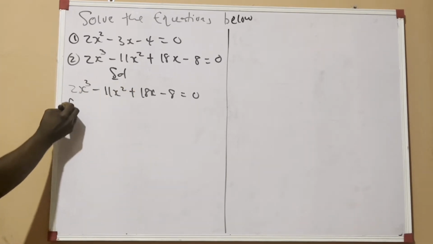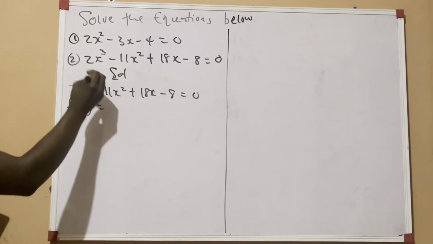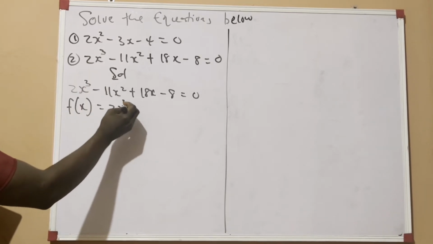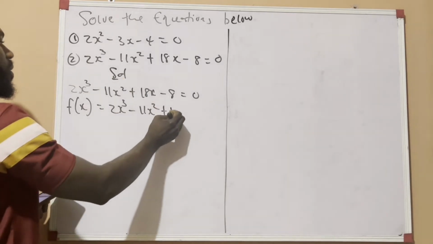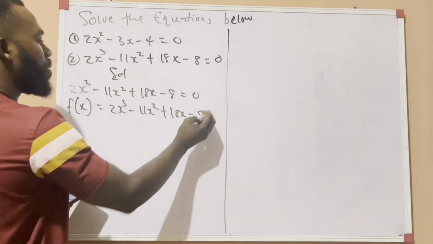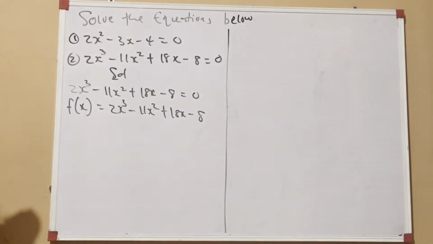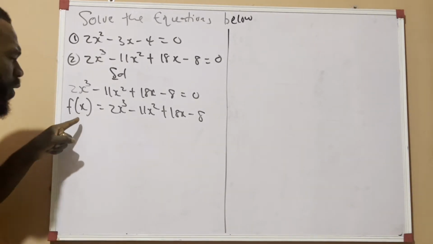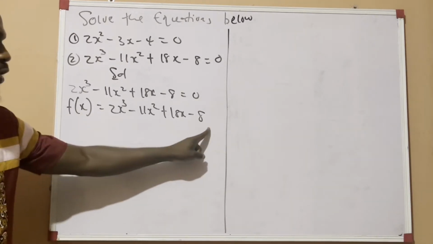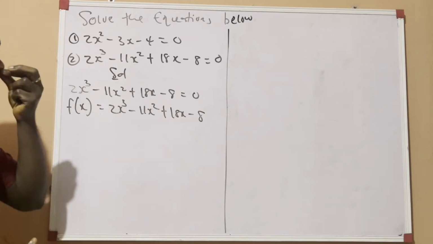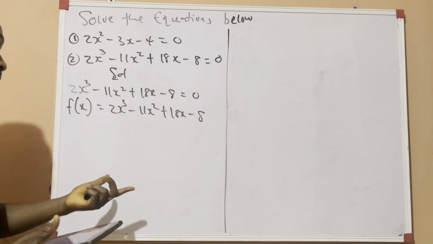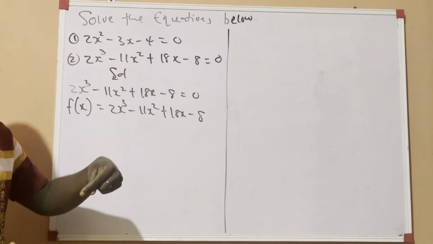So we're going to be having f of x is equal to 2x cubed minus 11x squared plus 18x minus 8. Now, what we are going to do here is look for the value of x that will make this function equal to 0. So we're going to be trying some numbers because we might not know the exact value to make use of.